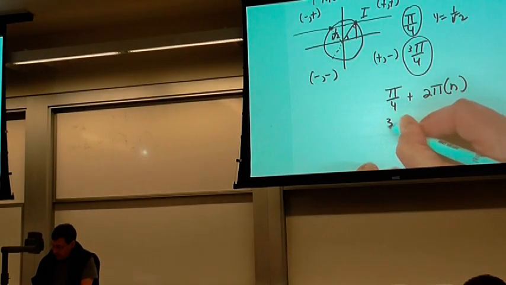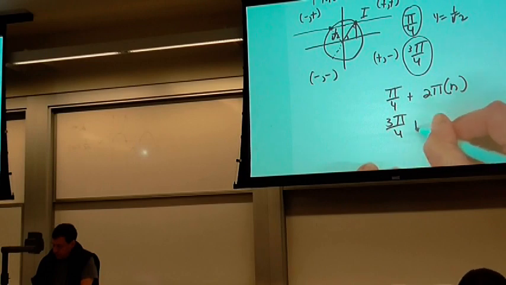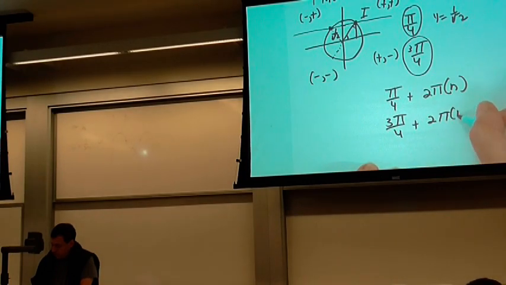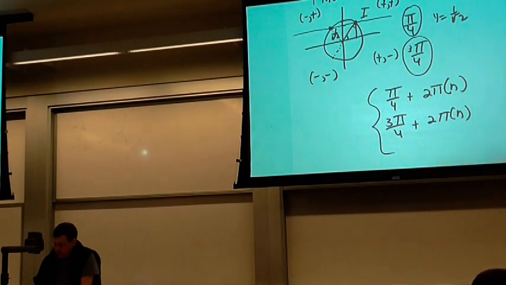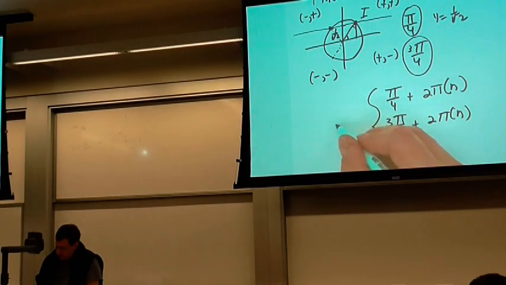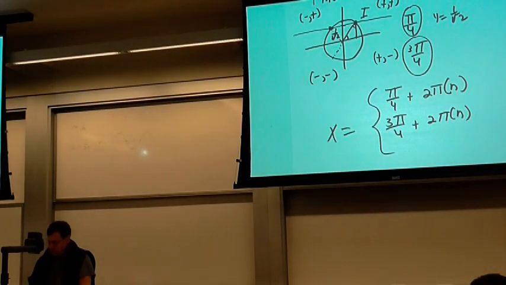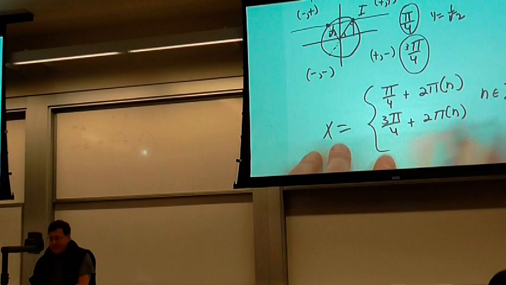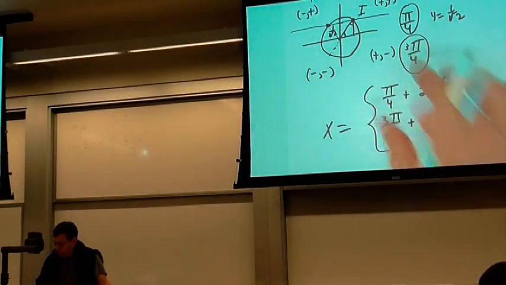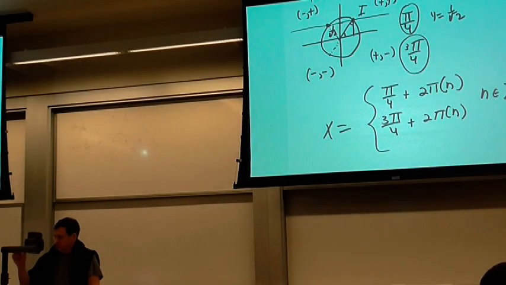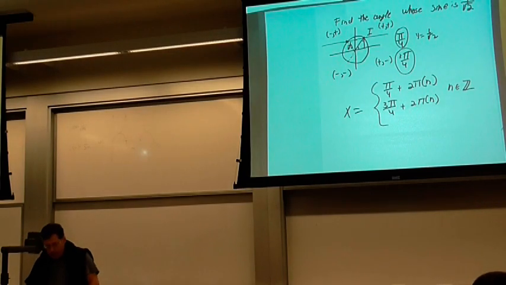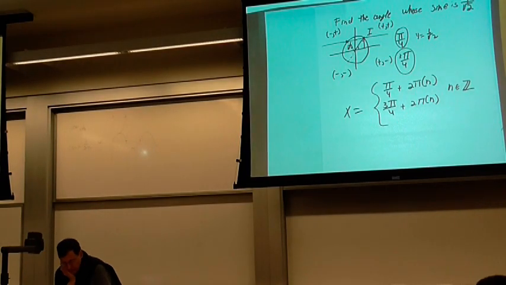And likewise, I can take 3 pi over 4 and add 2 pi n. And if I just say x is equal to that, where n is a member of the integers, you don't have to use this kind of notation, but that gives me the complete set of all solutions to this problem. The problem being, find the angle whose sine is 1 over the square root of 2.